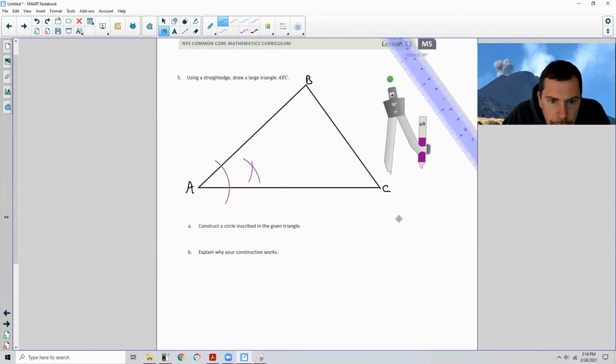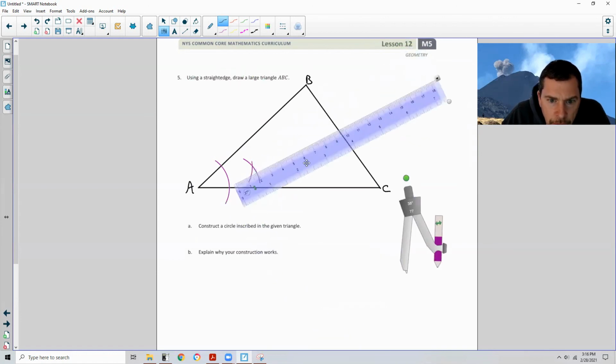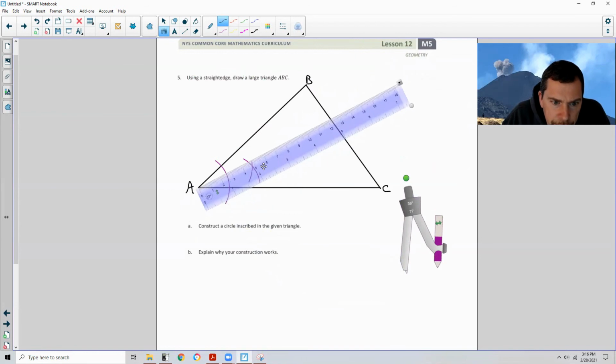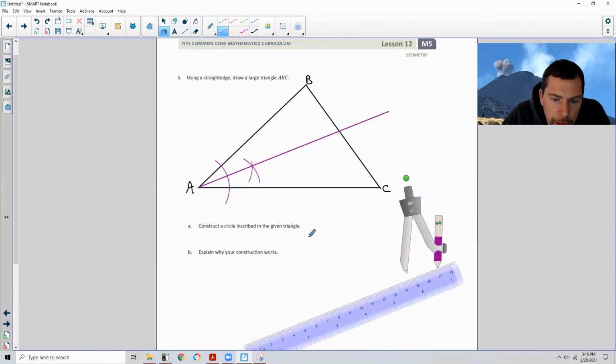Right there. And there is my first bisector. So I'll do that one all in purple. This bisects angle A. Okay, there's my angle bisector. So basically what I'm saying is if this was X degrees, then this is X degrees, just like in the last diagram. Okay, I'm going to do that again now for B.